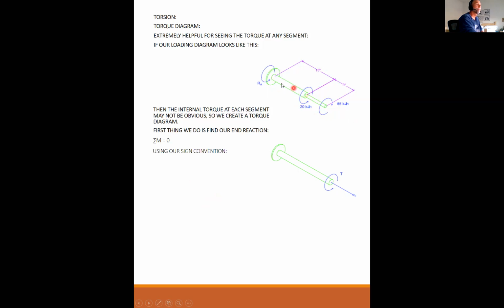And if I stick my thumb out over here, as I've drawn it, this is a positive reaction at A. Okay, so using my sign convention, this is minus 55 plus 20 plus R_A, and everything has to equal 0. Okay, before I go one step further, does everybody understand why this is negative, why this is positive, why this is positive?